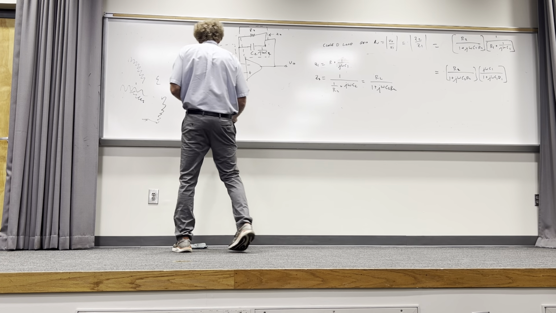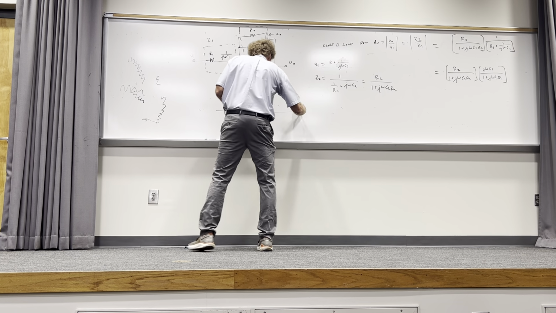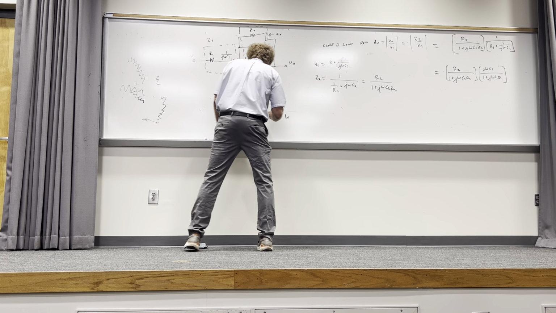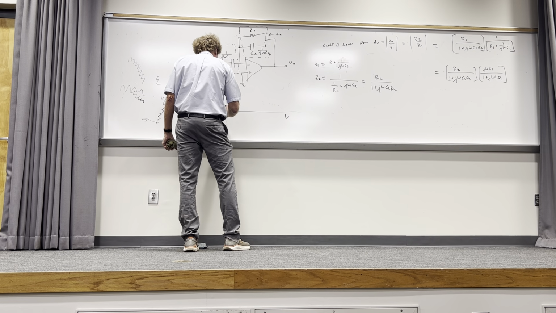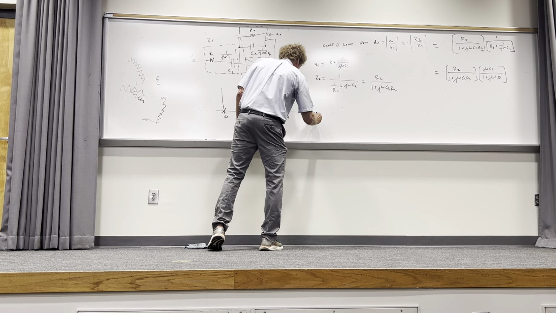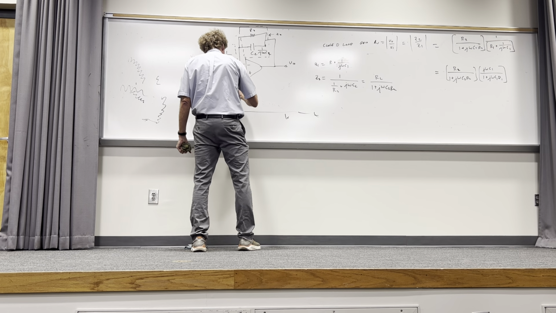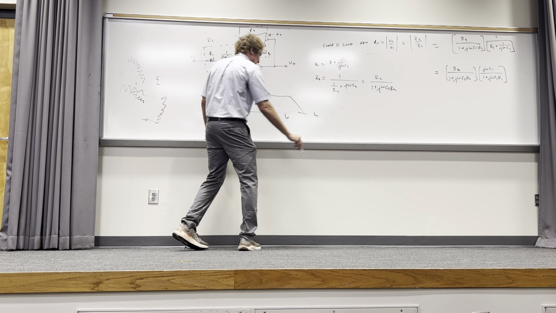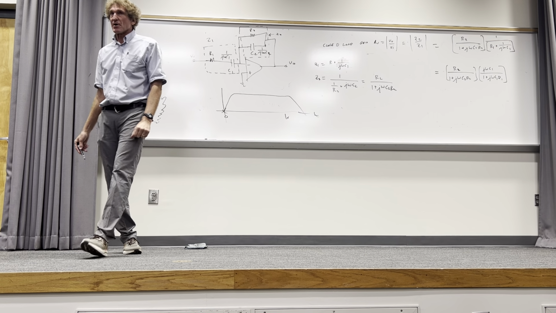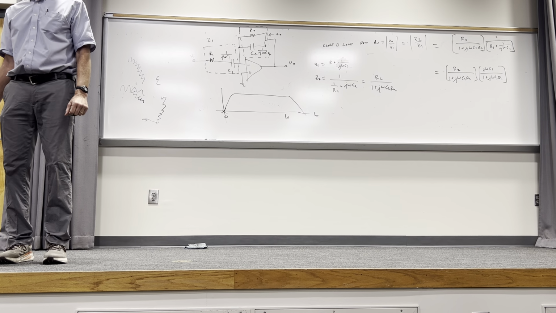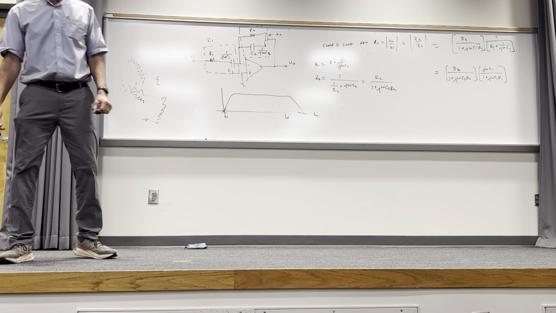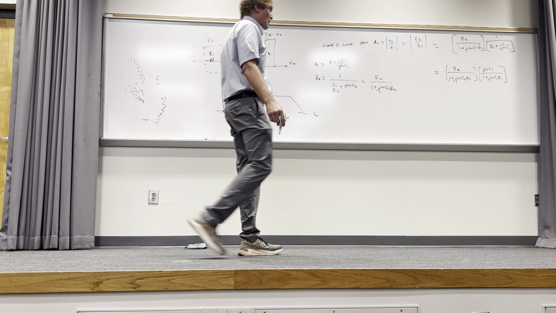Now, if this was omega, you know at 0 it's 0, and at infinity it's going to be 0. But somewhere in here, it's going to do this. And that's just an approximation. Do y'all follow me? Somewhere in there. So I start looking at this. Listen, this is important.